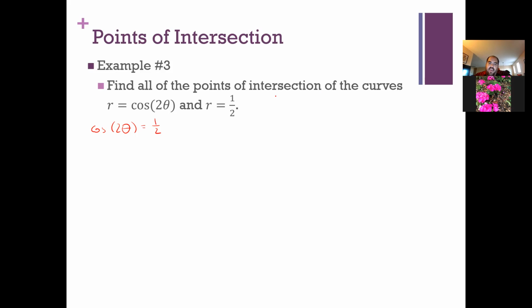We still need to let theta vary from 0 to 2 pi to get the full behavior. So we really need to find all the angles theta on that interval 0 to 2 pi that are going to give us an intersection here.